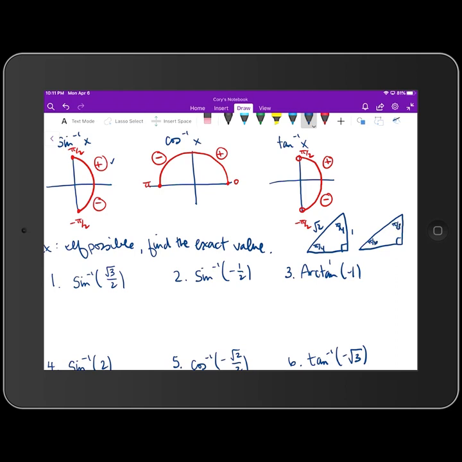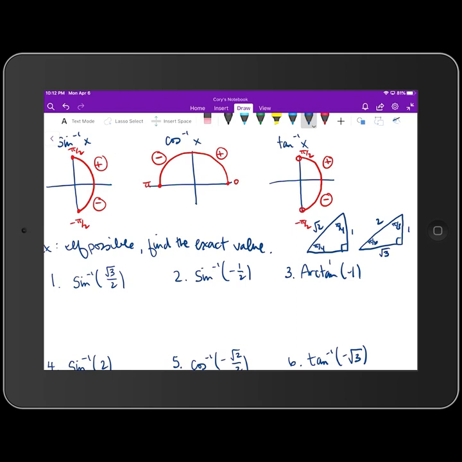The side opposite pi over 6 is 1. The side opposite pi over 3 is rad 3. And the hypotenuse is 2 for that triangle. Okay, so we're going to use those two reference triangles quite a bit.